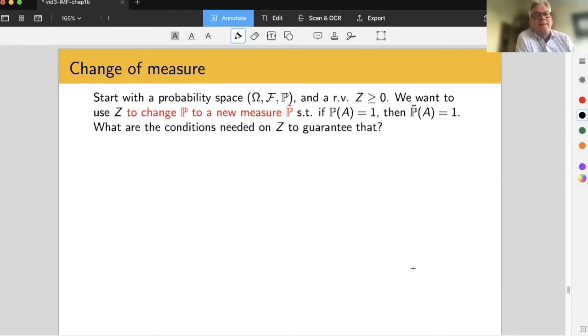For this, we start with a probability space (Ω, F, P), and we have a non-negative random variable, which we name Z. Now we want to use Z to change P into a new measure, P tilde. So here's a little tilde on top.